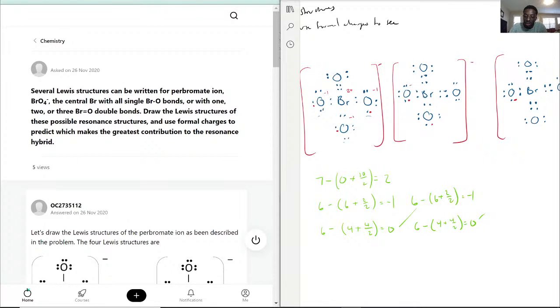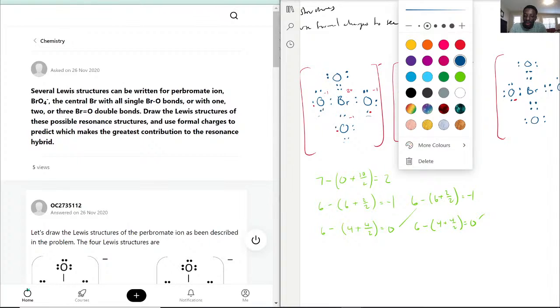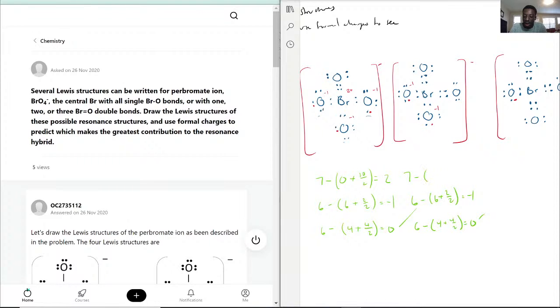So these 2 here are minus 1 and minus 1. And the bromine this time would be 7, minus 0 because it doesn't have any by itself, but now it's sharing 12. And with that, it's only plus 1. So we're getting quite close.